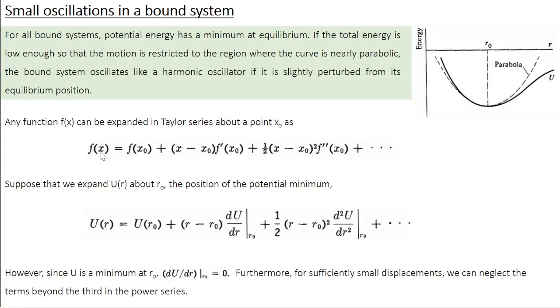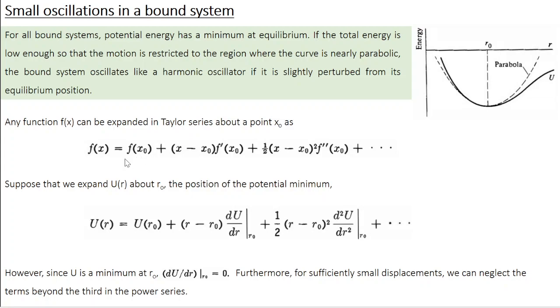So we will take a known point x naught, and the condition is that x naught should be very close to x. If that condition is satisfied, then we can write the value of the function at the unknown point x in terms of the value of the function at the known point x naught.